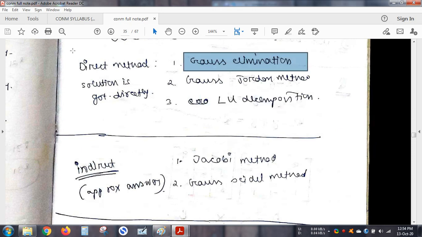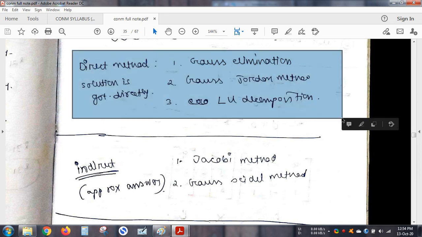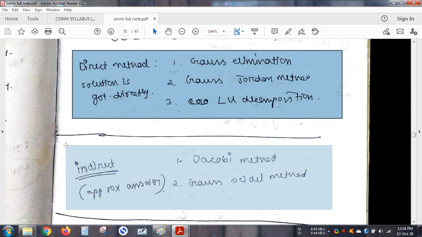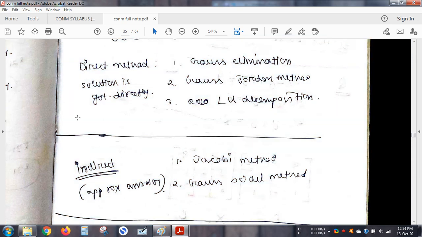So what is the difference between direct method and the indirect method? In the direct method, you directly get the result. Means you have a definite result for the simultaneous equation. But in the indirect method like the Jacobi method or the Gauss-Seidel method, over there you get an approximated answer. So what happens is that you perform the operation, the algorithm, and you get the result. You take this result and you apply this on the next iteration.